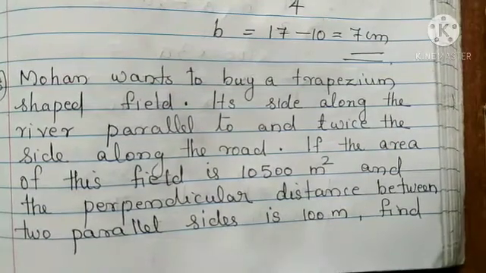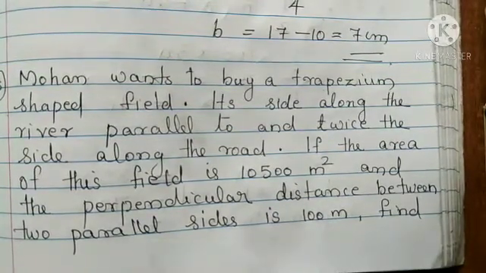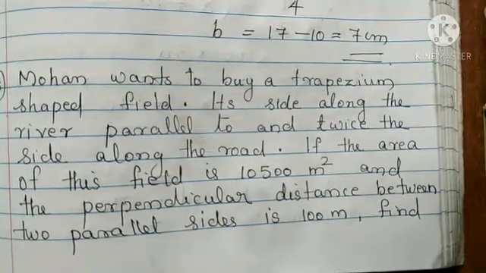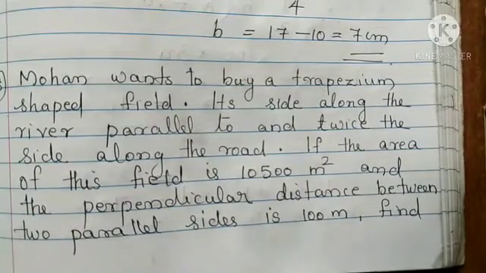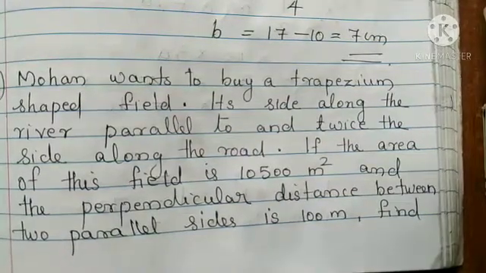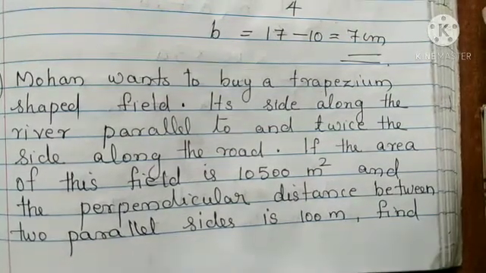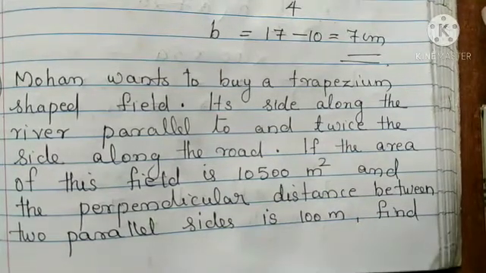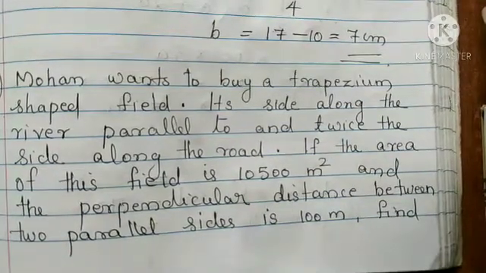Next question. Mohan wants to buy a trapezium shaped field. Its side along the river is parallel to and twice the side along the road. So the field has two borders, one along the road and one along the river.